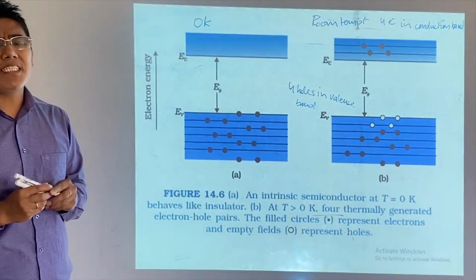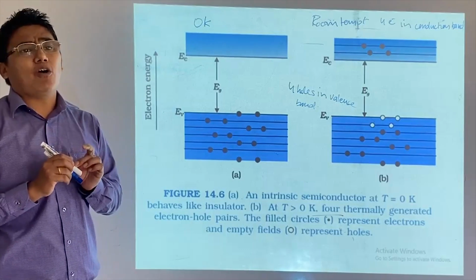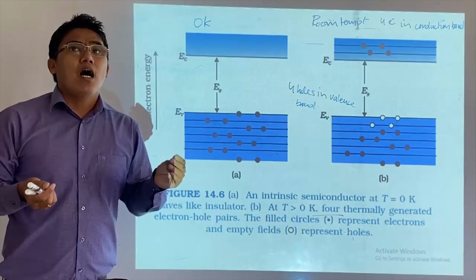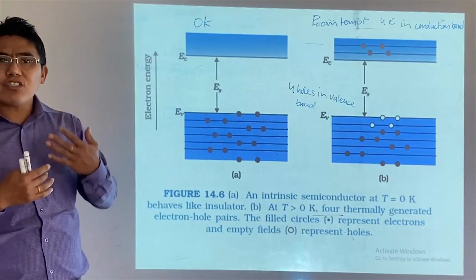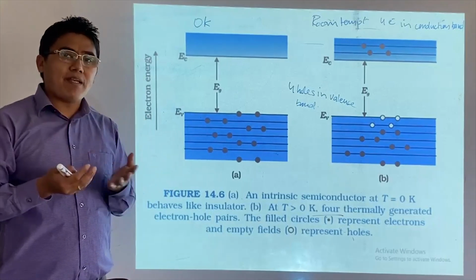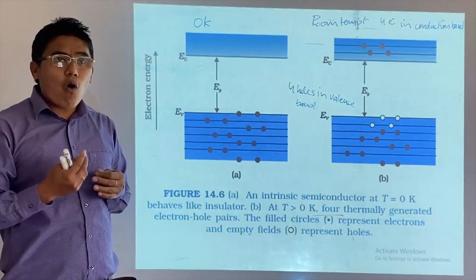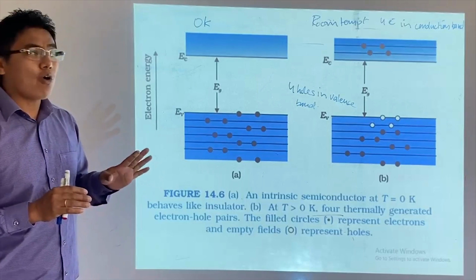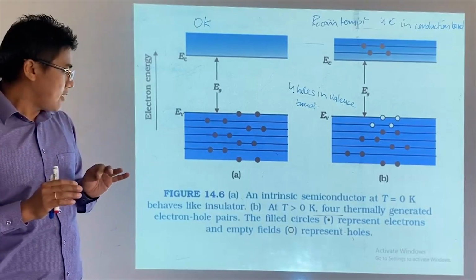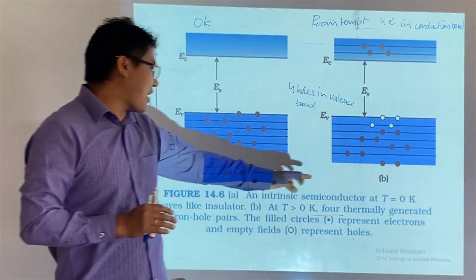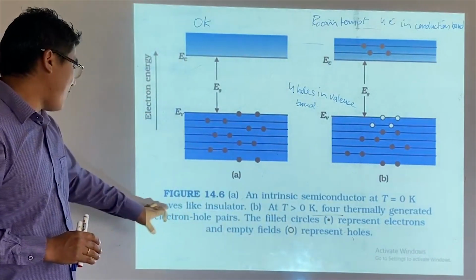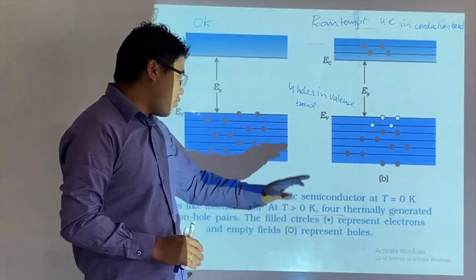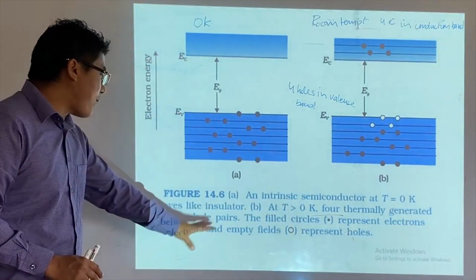So therefore we see that a pure semiconductor is not of much use. Why? Because in a pure semiconductor, the number of electrons available in the conduction band is very small, and the number of holes available in the valence band is very small. So therefore an intrinsic semiconductor at 0 Kelvin behaves like an insulator, and at temperatures more than 0 Kelvin, at room temperature, electron-hole pairs are available.